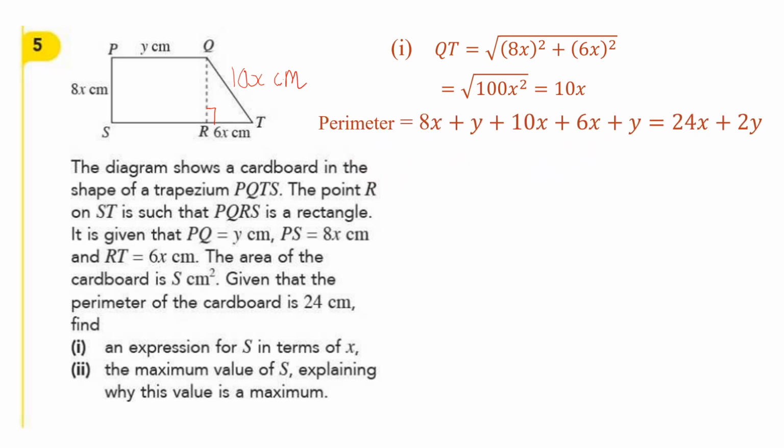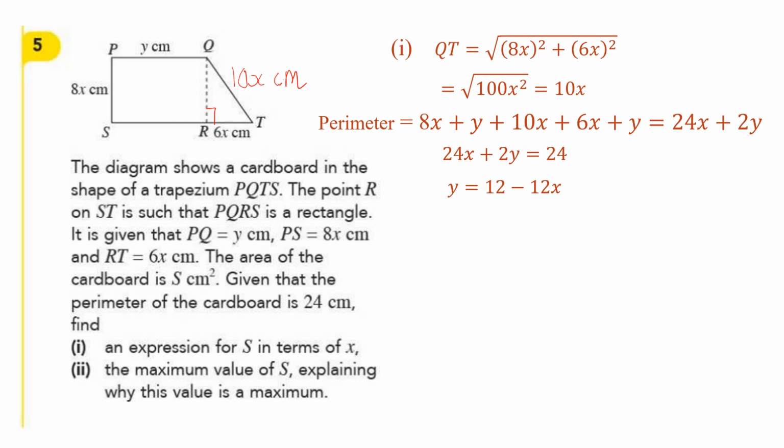Right, so 24x plus 2y gives you 24. And you can divide by 2 throughout, to get y equals 12 minus 12x. So we're going to keep that. Why do we want to keep that? Because we need to find the expression of S in terms of x.